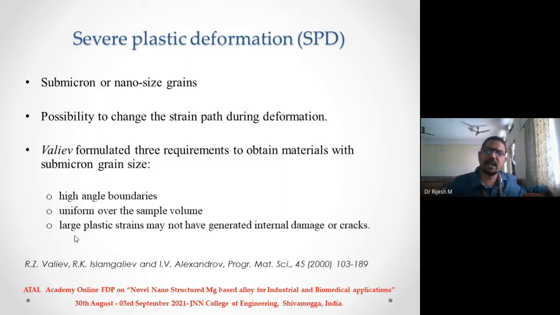So they can undergo large plastic strain without cracking. Unfortunately, the material that we are going to talk about today is not like this. They're not ductile like aluminum. We'll see how we're going to deal with that.